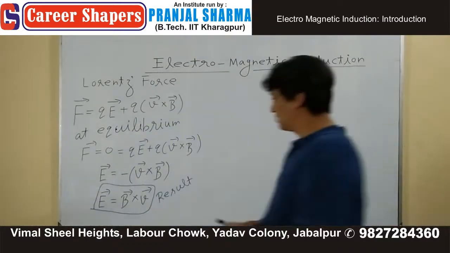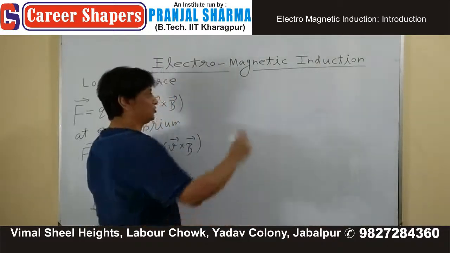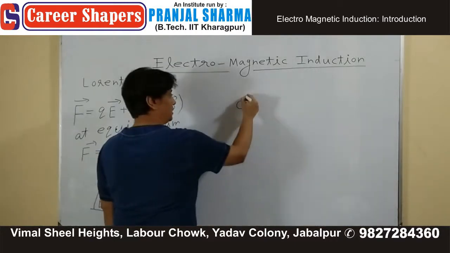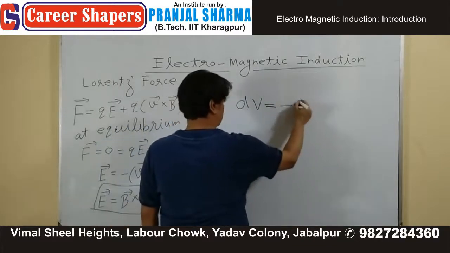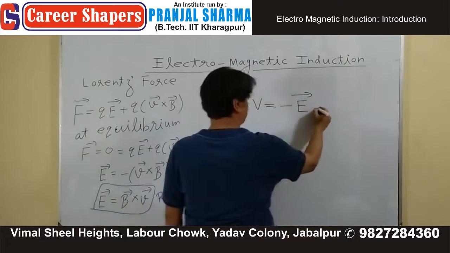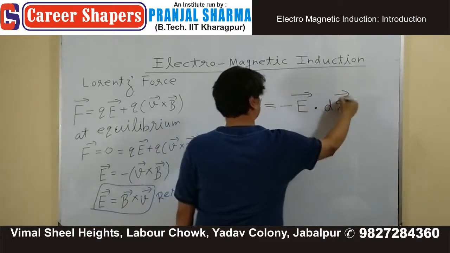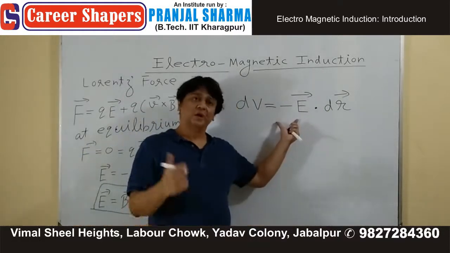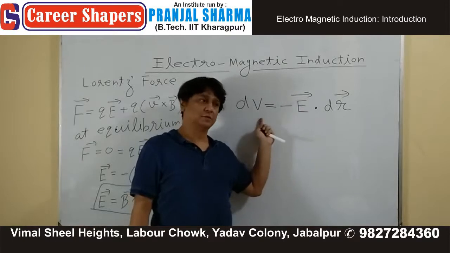Once you have the electric field, and I ask you to find potential difference, I hope everybody remembers this: dV is equal to minus of E dot dr. This is the relationship between electric field and potential difference.